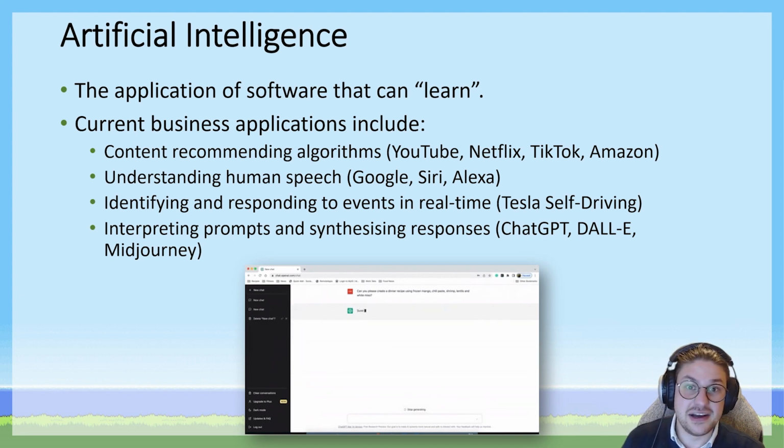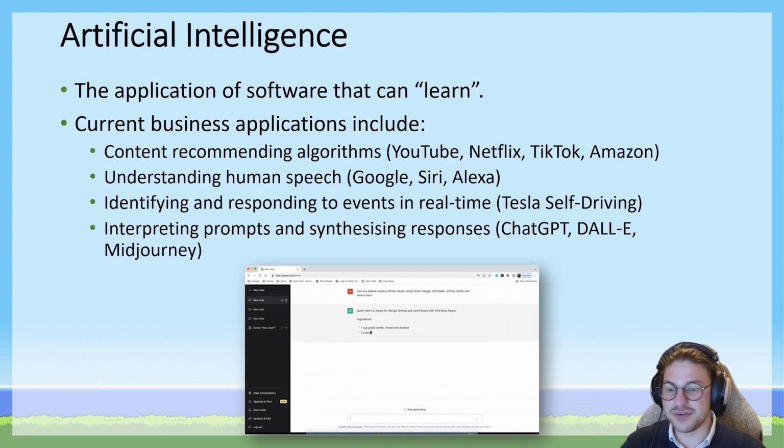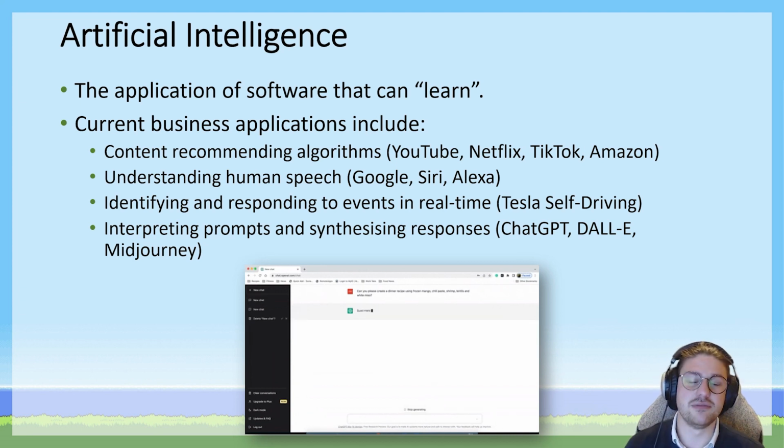And certainly, while it's drawn ire and criticism in recent press, Tesla have been working on automated driving, self-driving vehicles for a while now, and the ability of a series of cameras to identify and detect and respond to a changing environment in real time is once again evidence of AI in use.